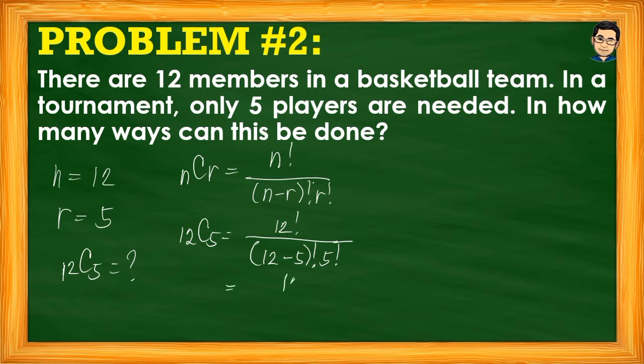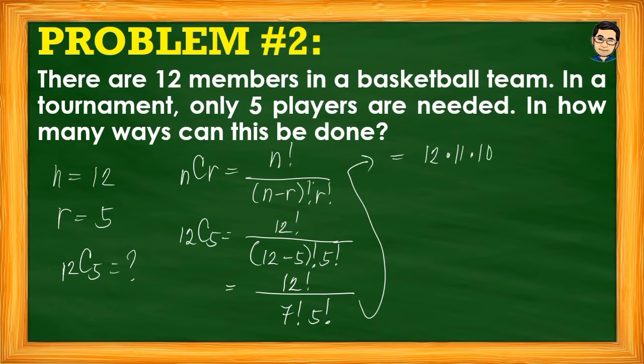So 12 factorial all over 12 minus 5, that is 7 factorial times 5 factorial. Express natin yung 12 factorial as 12 times 11 times 10 times 9 times 8 times 7 factorial. So, hindi natin kailangan express yung 12 factorial hanggang dun sa 1.